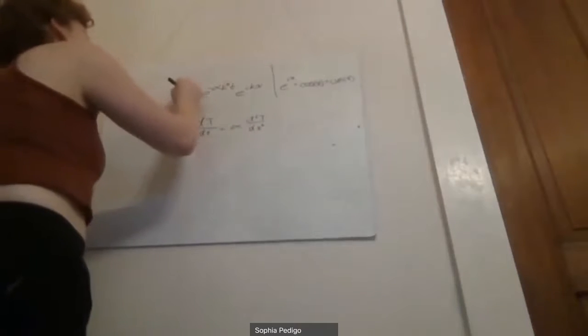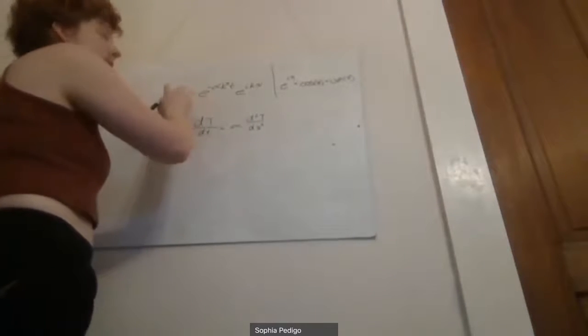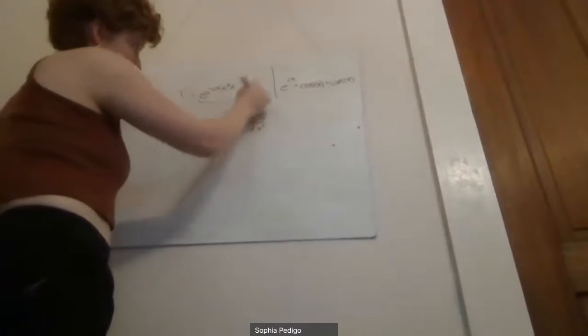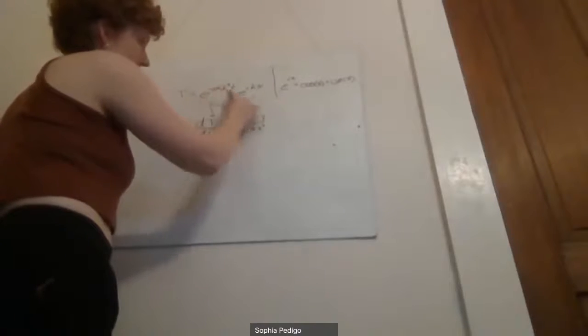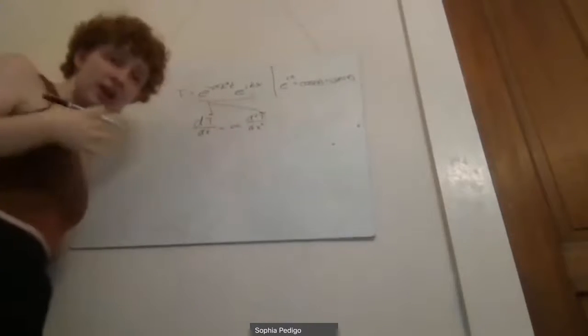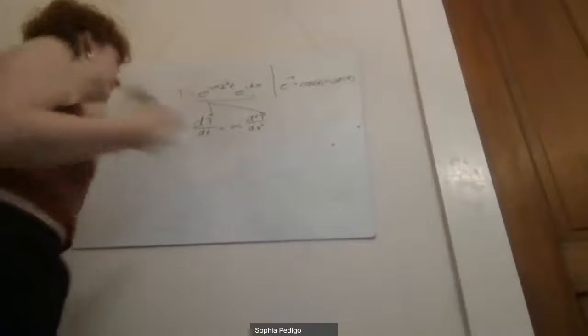And what we're going to do is we're going to say that this equation right here is equal to T, and we're going to plug that into these two values of temperature and take the derivative and see what happens.